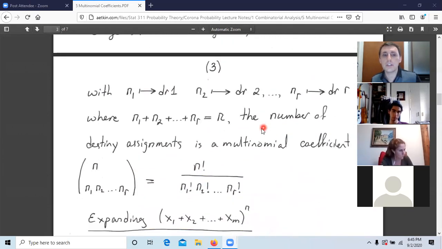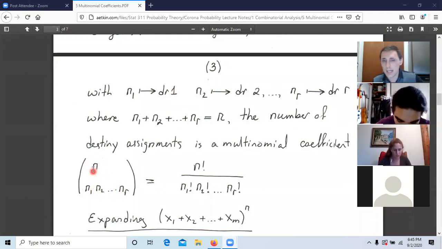And this is the general situation. If we have R dragons, and we need to assign N1 knights to dragon 1 and N2 knights to dragon 2, all the way to NR knights to dragon number R, and the numbers, of course, have to add up to N, then the possibilities are N choose N1, N2, all the way to NR.